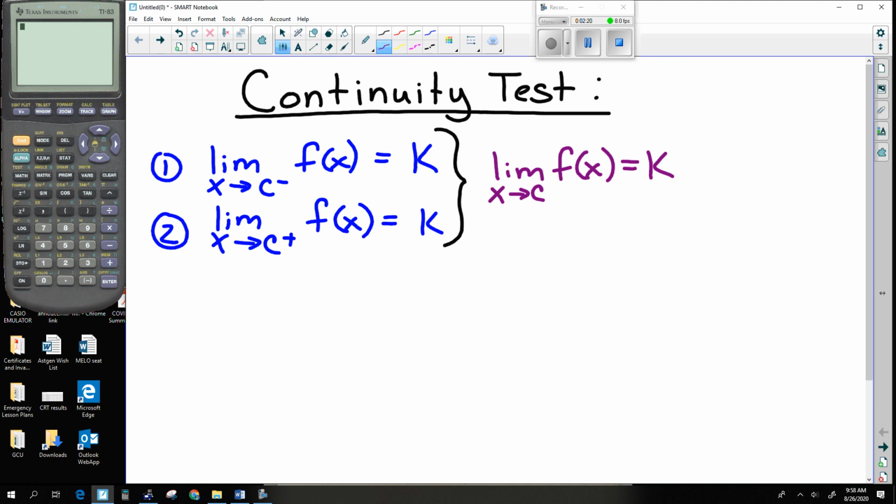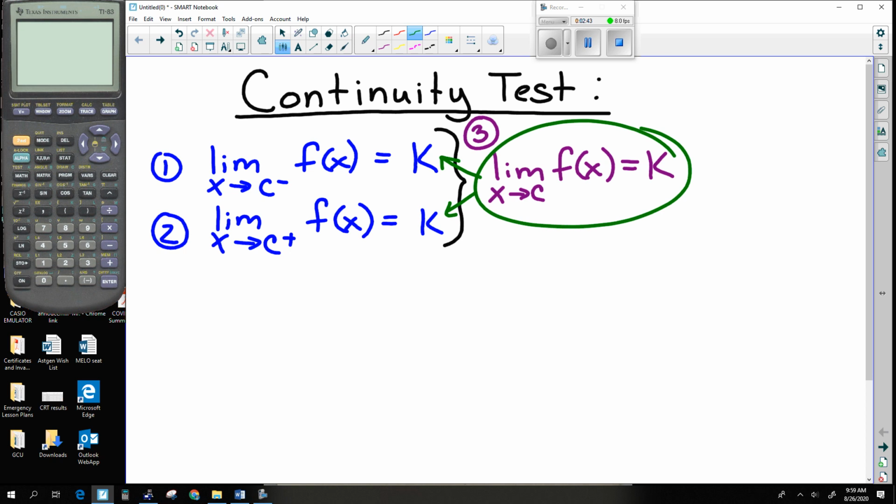Let me put a big dot in this one. So, does the limit exist? That is very dependent upon these answers to the left and the right.